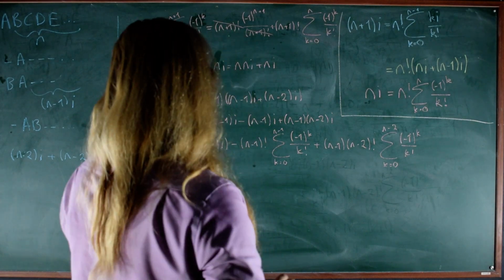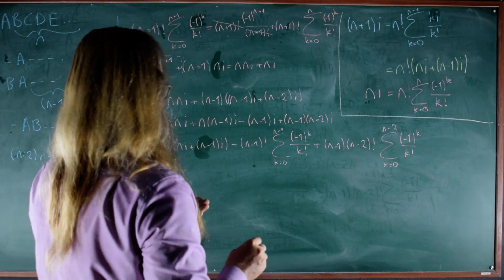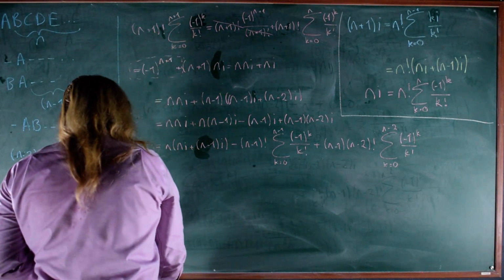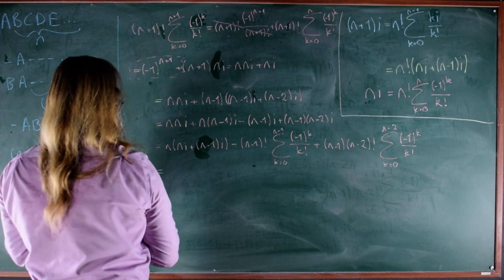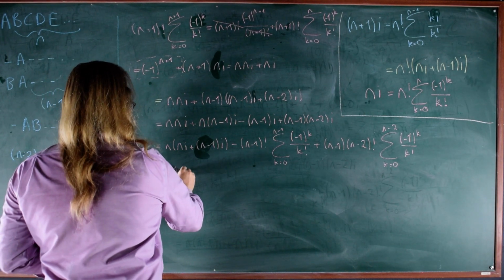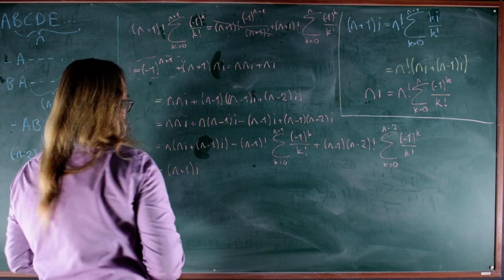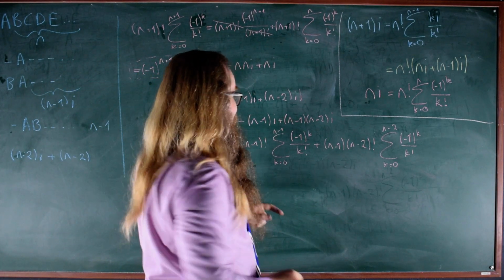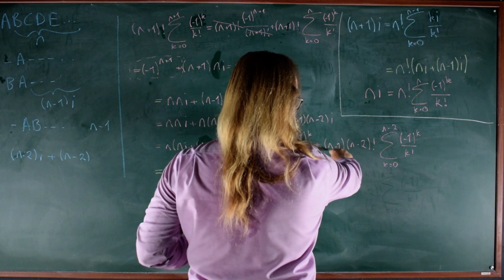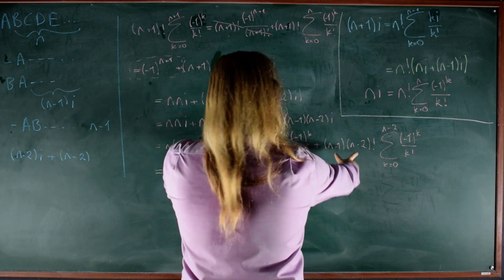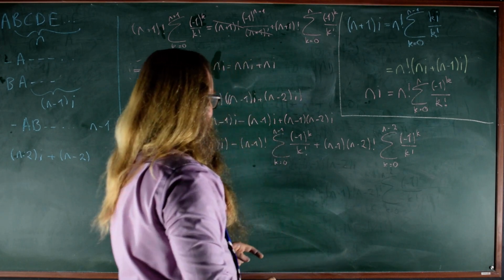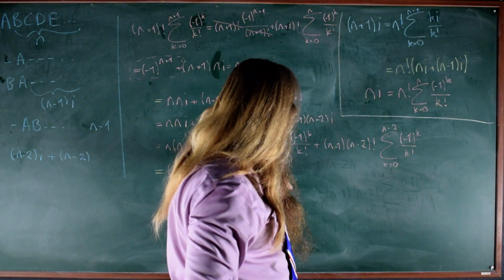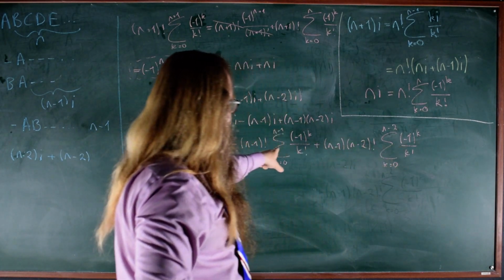The beautiful thing here is that this becomes n plus 1 subfactorial. This n minus 1 factorial is the same as this, because I can just multiply this and then I have n minus 1. So you have the same leading factor.